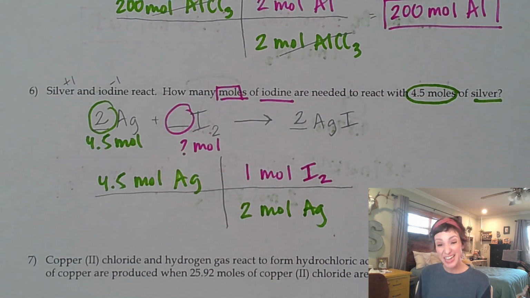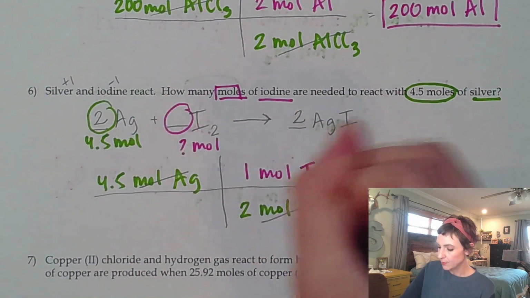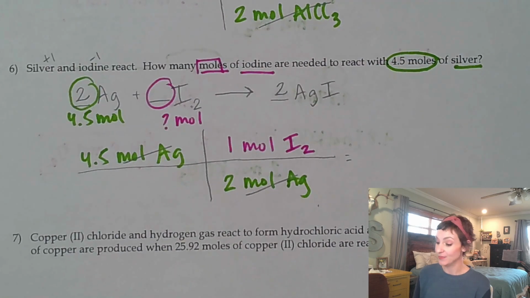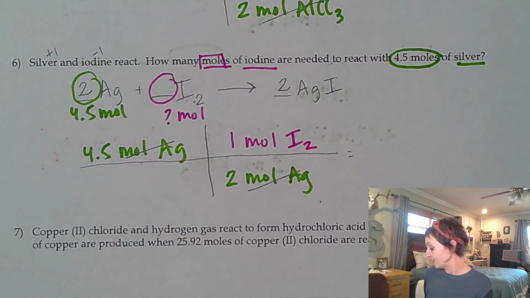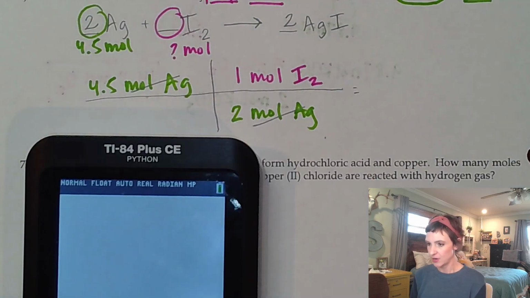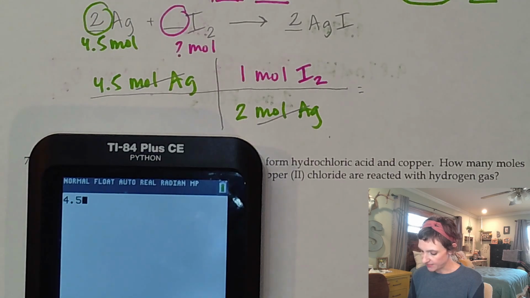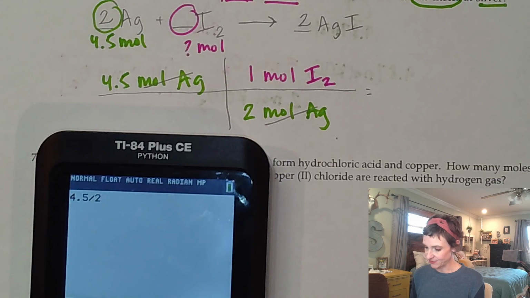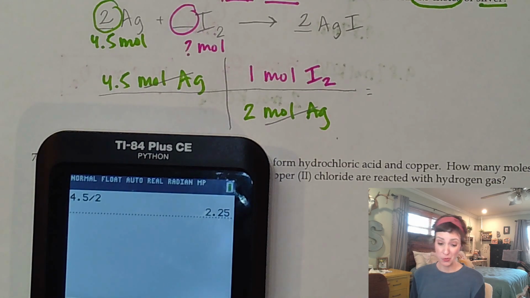Okay? Now I've done this because I can cancel out, boom, boom, on both top and bottom. So my answer when I calculate it will give me my answer in moles of iodine, which is what I'm trying to solve for, which is good news. So we got 4.5 times 1 and then divided by 2, and we get 2.25.